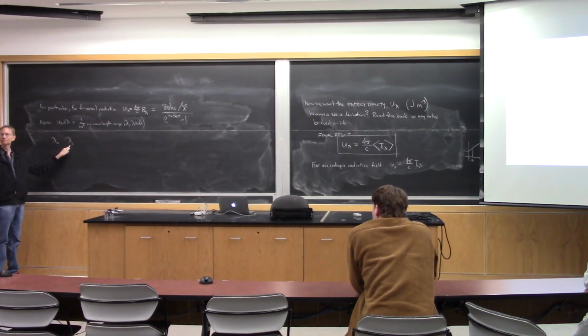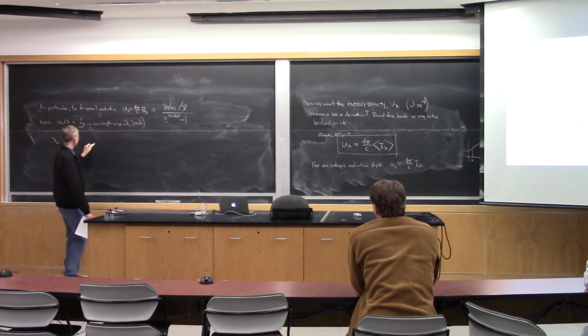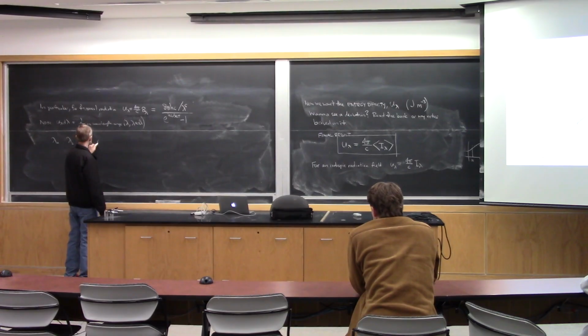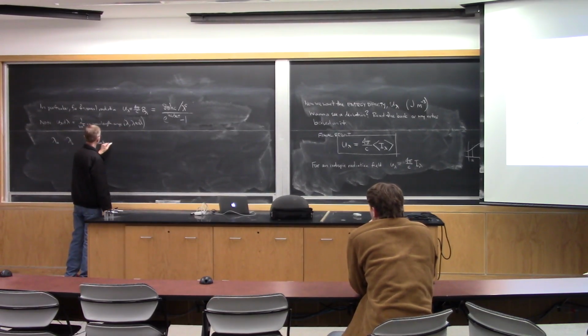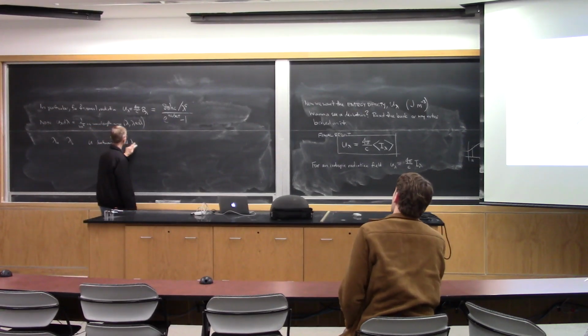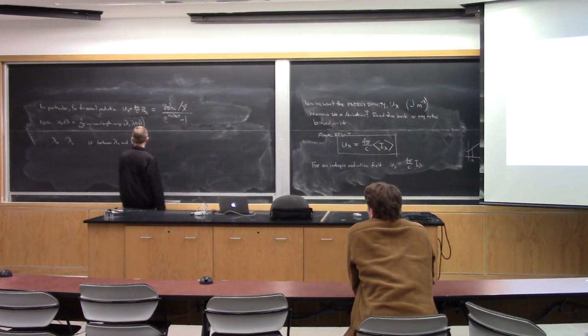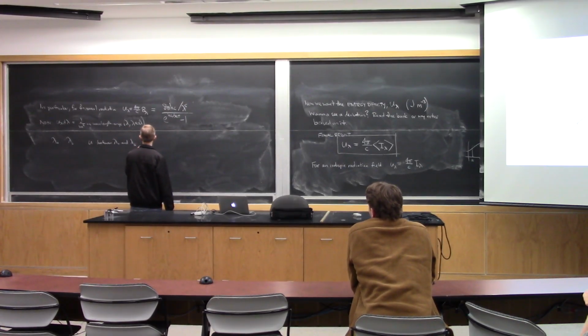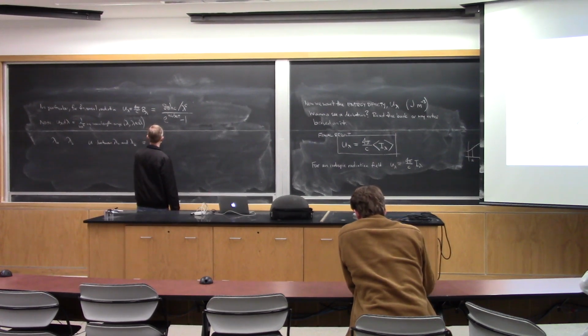What would you do? Integrate it over the range. So the energy at wavelengths between lambda sub A and lambda sub B would be the integral from lambda sub A to lambda sub B of U lambda d lambda.